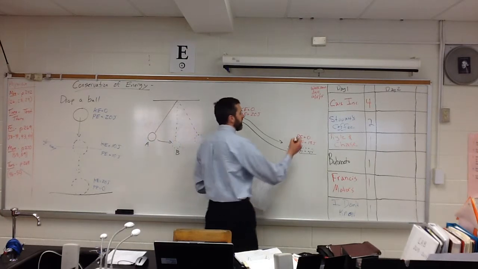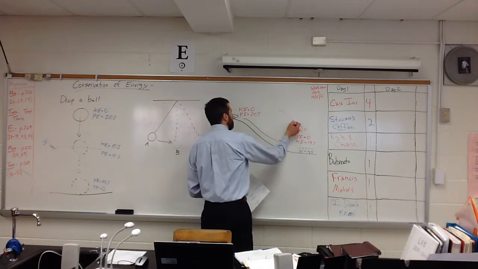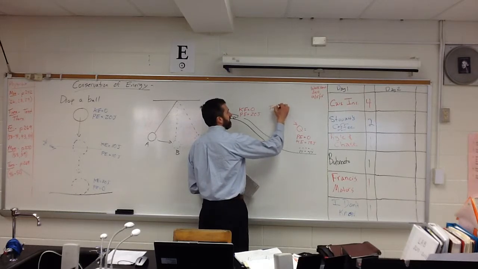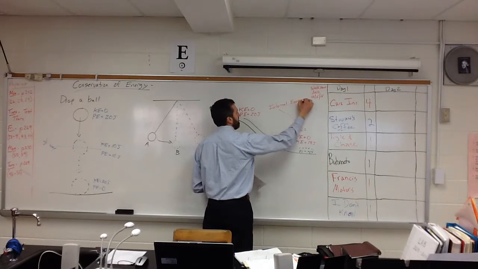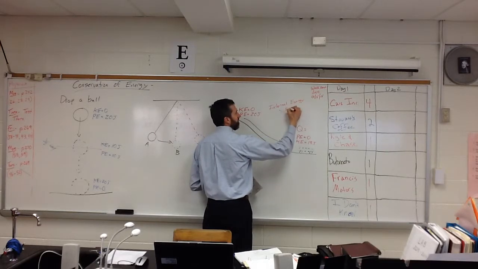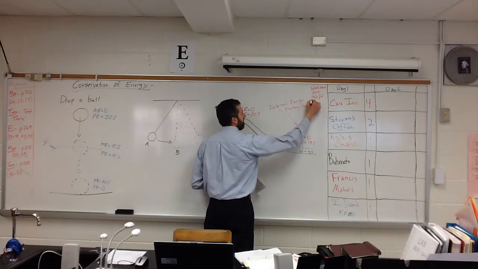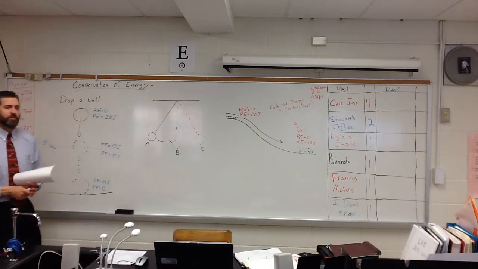Well, we call it Q in physics, capital Q. And what Q means is it's called internal energy. And usually we're talking about friction or heat. Those are the typical things that make up internal energy.